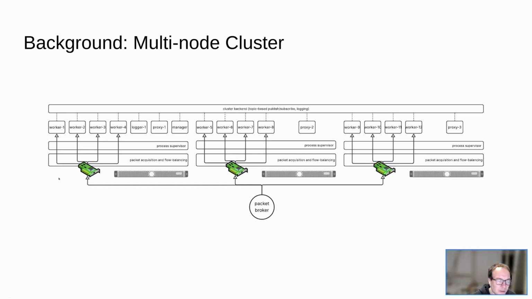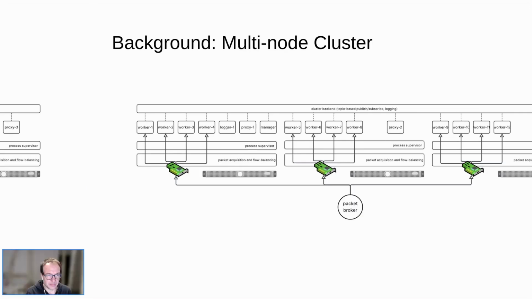And what's also depicted here is that this cluster backend layer, or the publish-subscribe layer, is spanning across all those machines. So if you ever set up a zeekctl-based Zeek cluster with, I don't know, 4 or 5 individual worker machines, and there was only one single manager, it might have looked like that. We call those setups multi-node clusters.